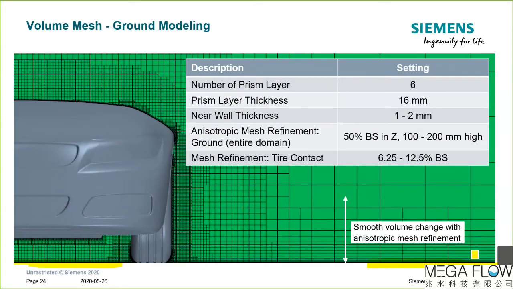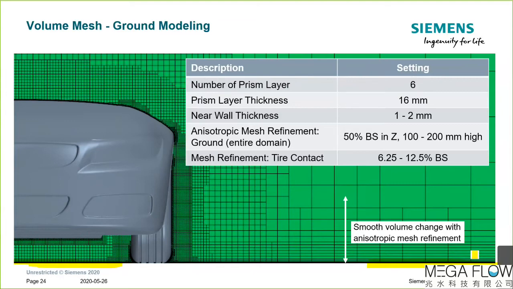Please don't create a very thin prism layer cell and a dramatically big first volume cell. That's not recommended. That's not good for the solver. That's why I recommend to create an anisotropic refinement close to the ground. You can find the settings here and you can see that we have a nice transition in terms of volume change.